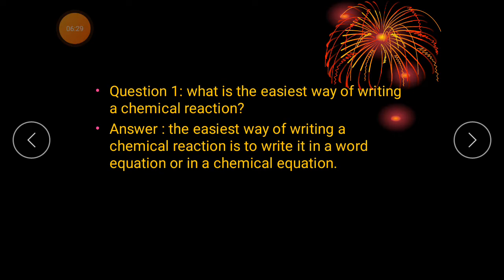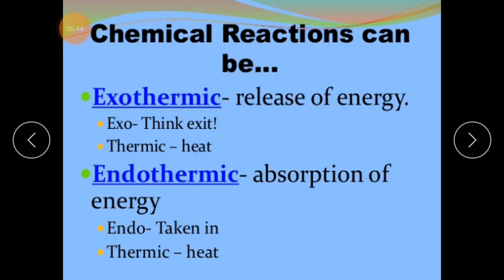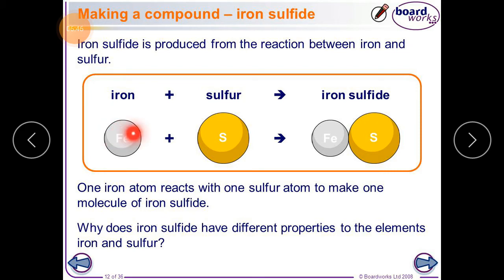Question number 1. What is the easiest way of writing a chemical reaction? As we have discussed about iron and sulfur, I explained it with this word equation. If we write these with their symbols, the symbol of the iron is Fe and the symbol of the sulfur is S, so this is a chemical equation.